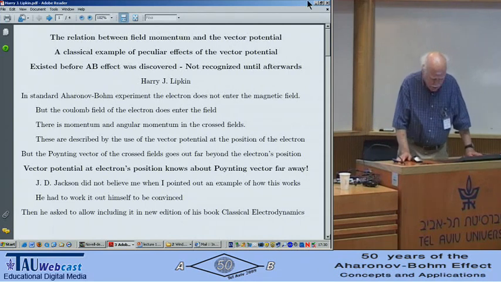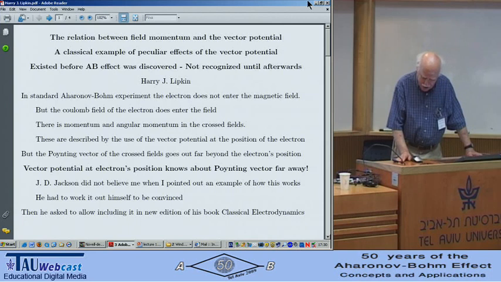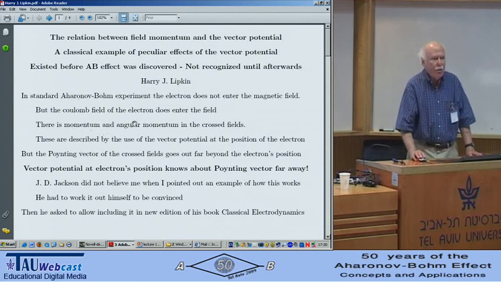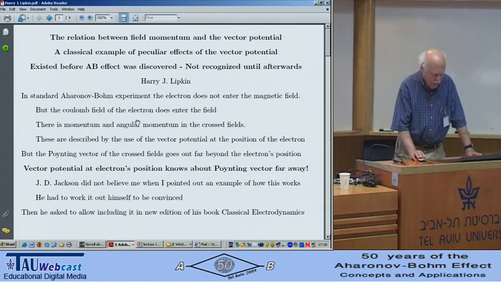As Murray Peskin has pointed out, I see this thing works. The Coulomb field of the electron enters the magnetic field, and there's momentum and angular momentum in the crossed fields, and these are described by the use of the vector potential at the position of the electron.